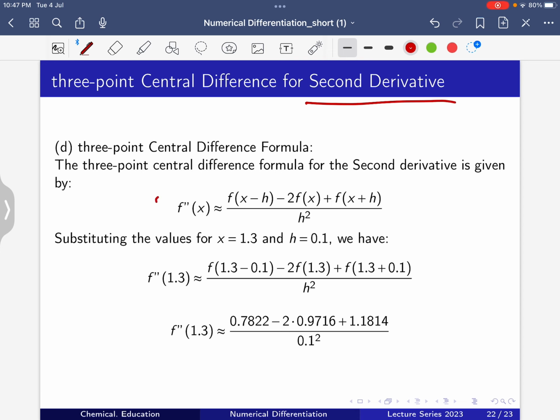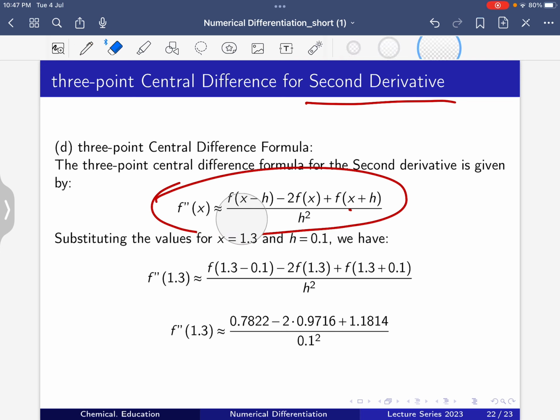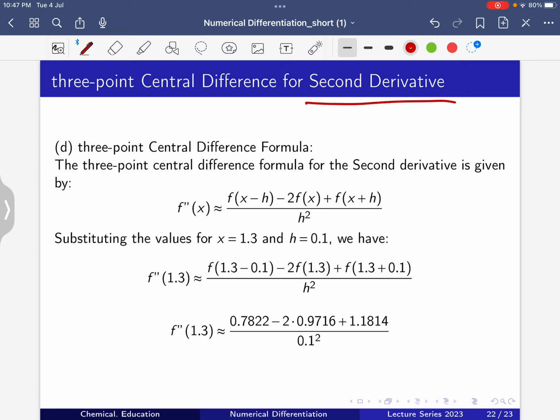Now the 3-point central difference for the second derivative. Again the formula is important. If you know the formula you can do that. So f''(x) is equal to [f(x-h) - 2f(x) + f(x+h)]/h². Here x is equal to 1.3 and h is equal to 0.1. If we plug in, we need the values at 1.2, 1.3 and 1.4, with the corresponding function values.